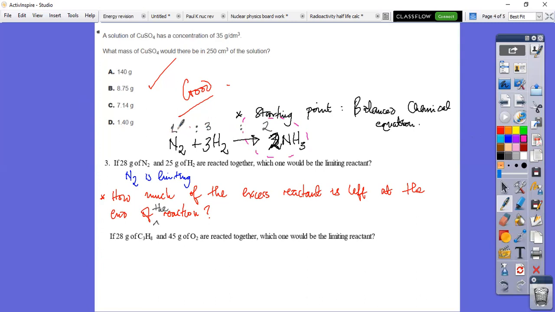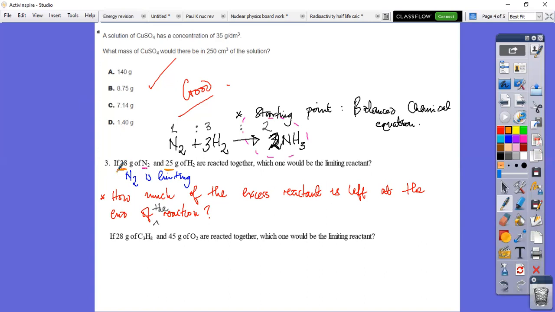It's these 2 ratios we're involved with. And we can pick any now. We can either use the mass of nitrogen or the mass of hydrogen, but we need to pick one and stick to it and then compare it. That's the name of the game here, right? So which one do you want to pick? Hydrogen, or nitrogen? Pick one.